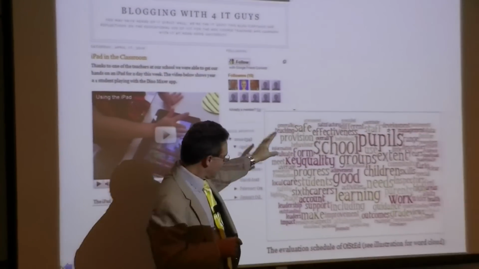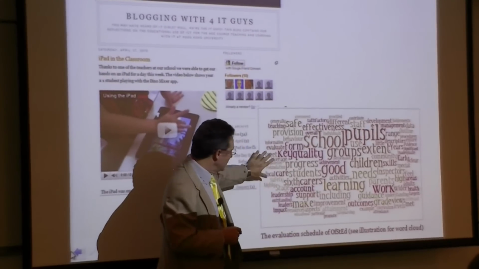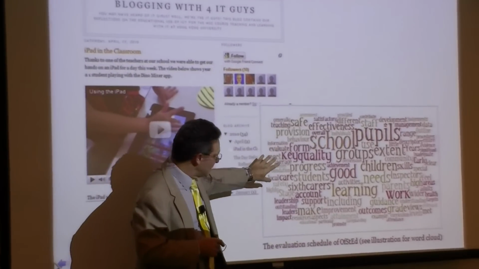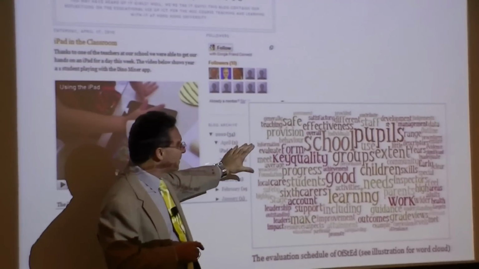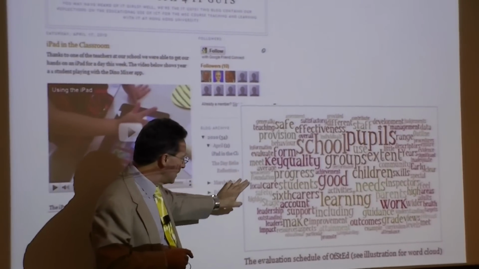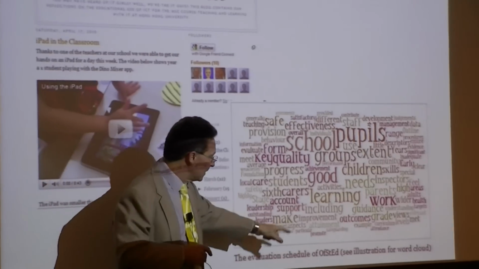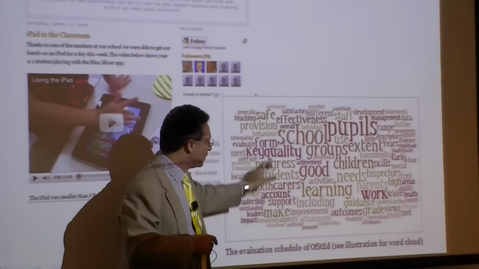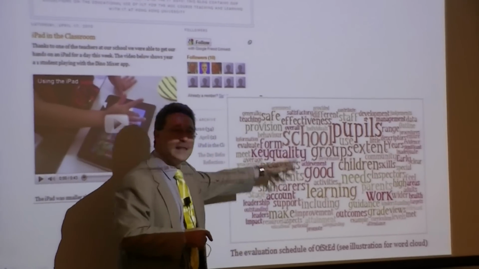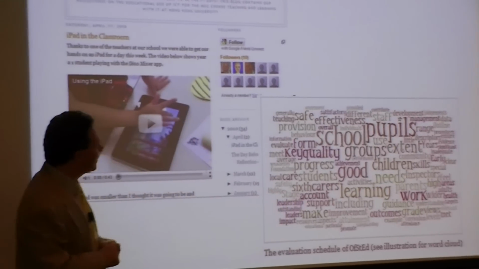This one was called Blogging with 4 IT Guys. One thing I think is quite nice is that, just to show you here, they used this word cloud to identify what they thought was important in evaluating a government report. What did the government report see as important? And then they talked around that.